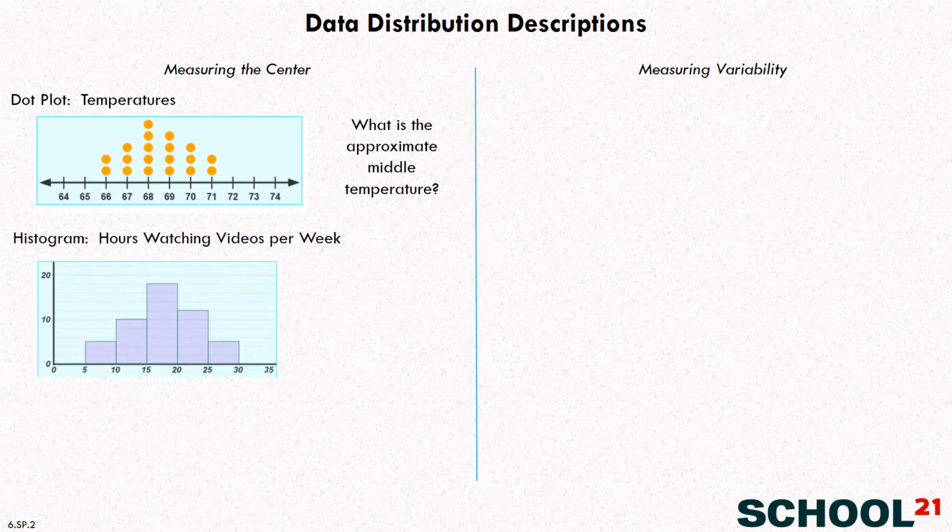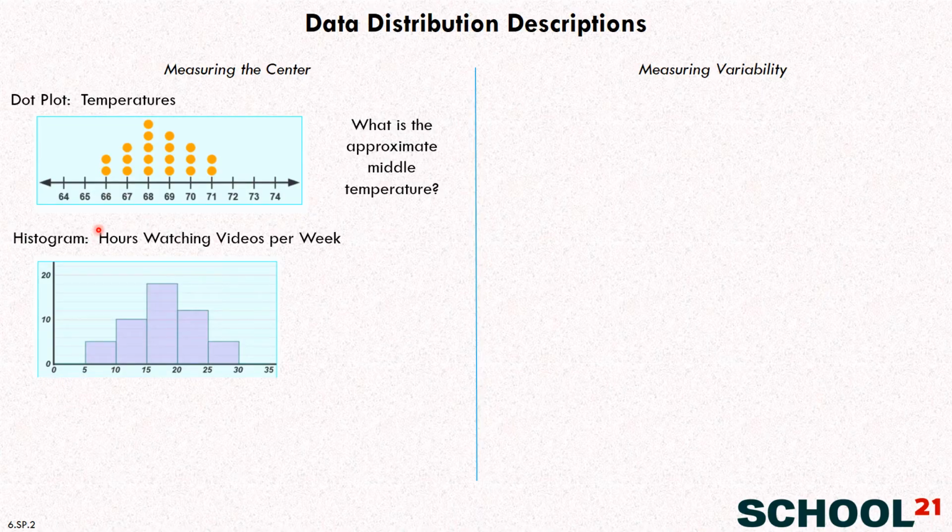Let's look at another example here. This is called a histogram. So it's like a dot plot. You can see that it spreads out the data over different numbers that were gathered in a survey or in gathering data like temperature. In this case, we're looking at hours watching videos per week. And with the histogram, you put the data in ranges.